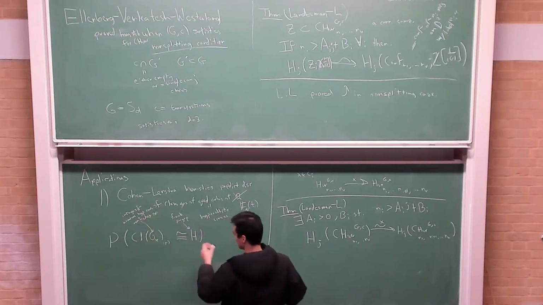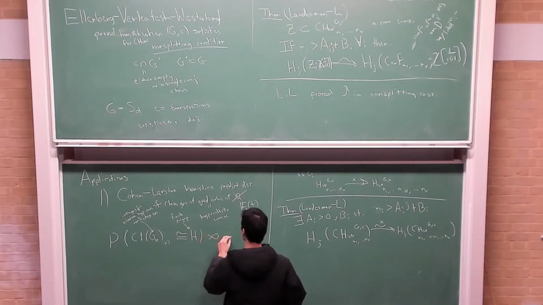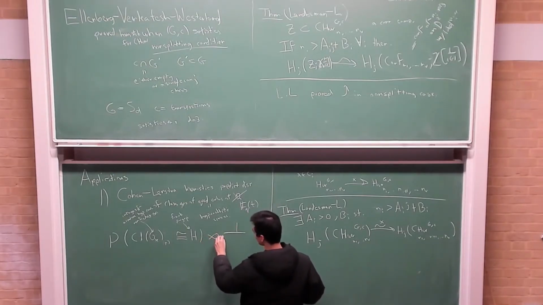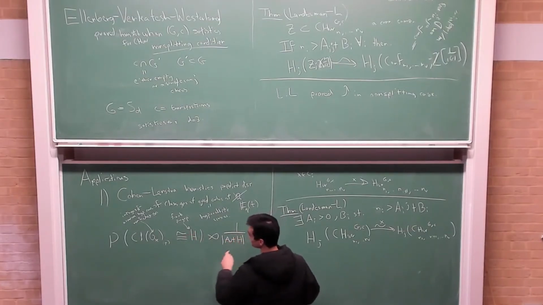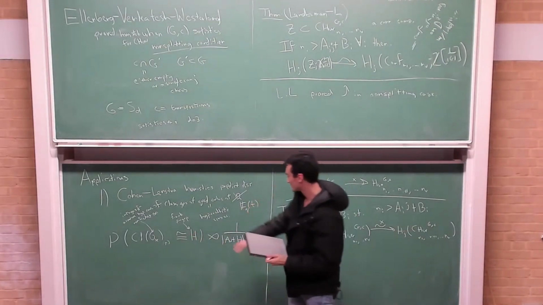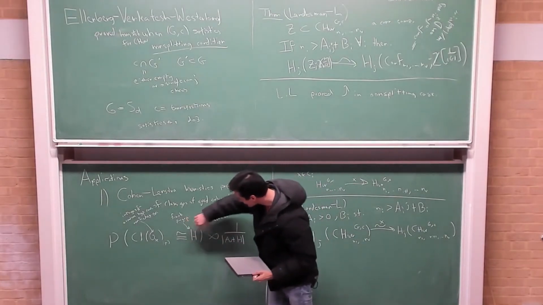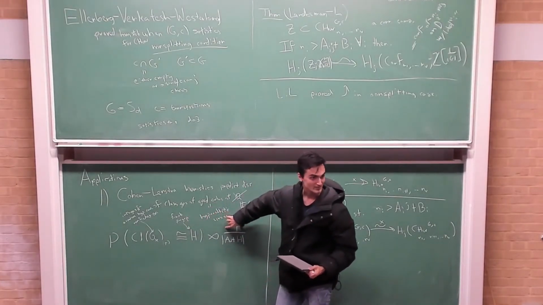Okay, so it predicts that this probability is inversely proportional to the size of the automorphism group of this finite abelian p-group. And so there's a unique probability distribution on finite abelian p-groups with this property, that the probability is inversely proportional to the size of the automorphism group.